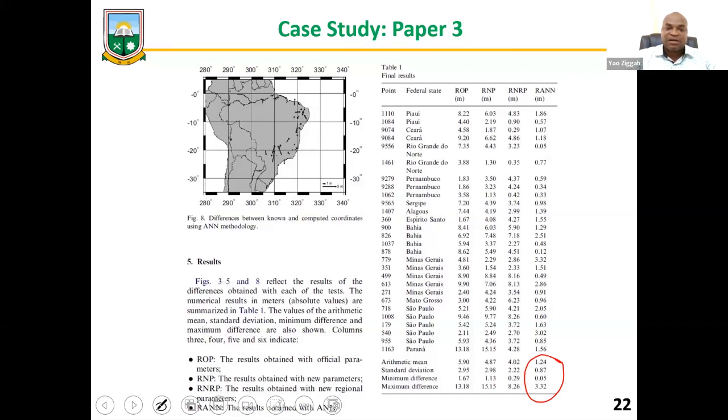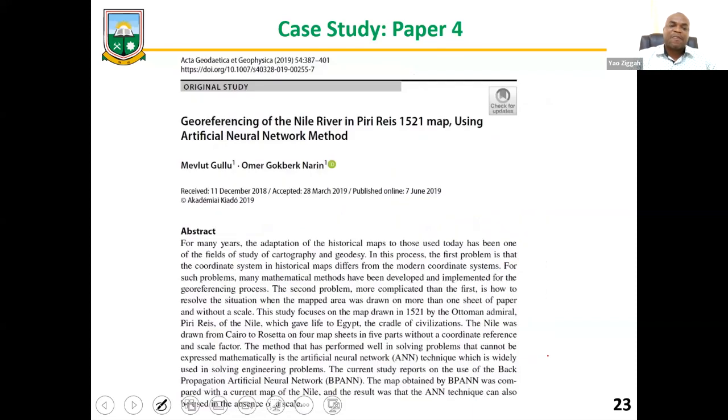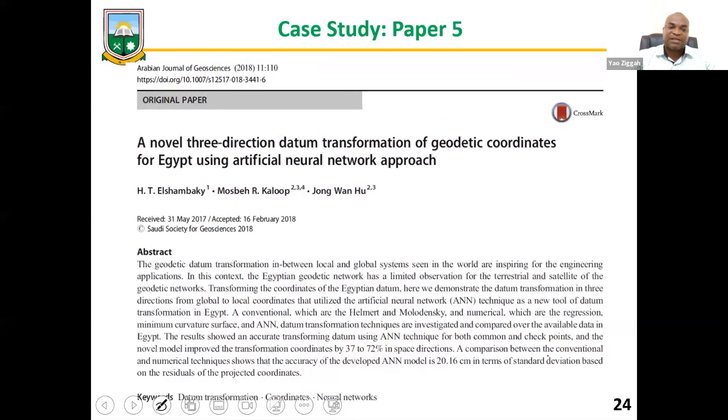There's also a paper written by Gulu, where they were considering the Nile River, an old map where they want to do georeferencing, and they also employed the ANN method.